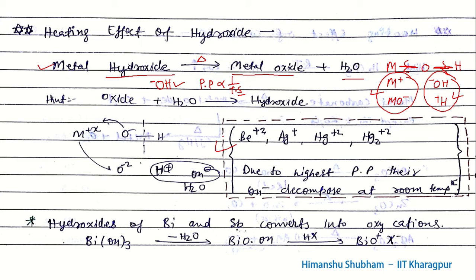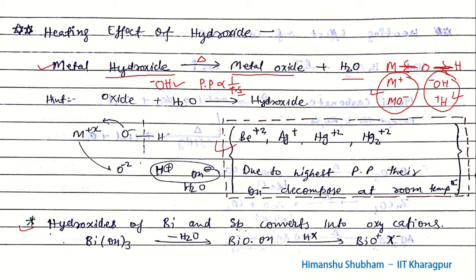So since these ions have a very high polarizing power, the hydroxide formed with these cations will be very unstable. That means they will have a lower decomposition temperature, and so these hydroxides basically decompose at room temperature.